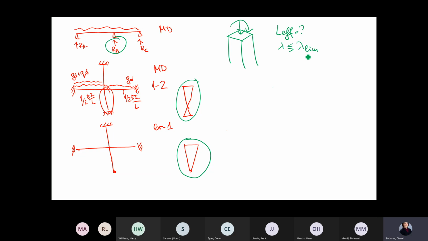Now, lambda limiting is a function of 3 factors, A, B, C, and the square root of n. N comes from the loading, nothing on that side, nothing to worry about.